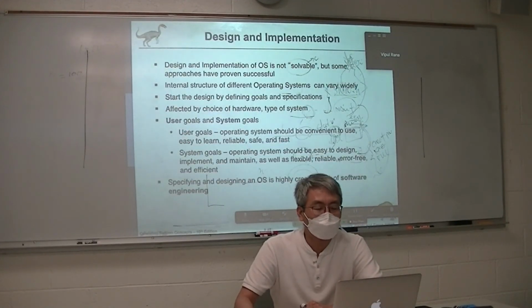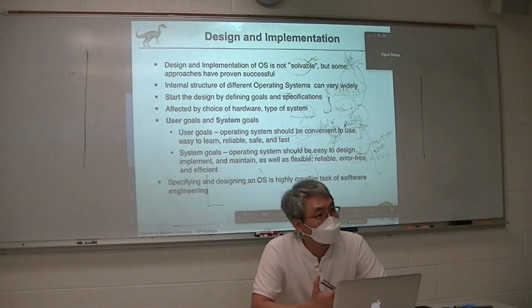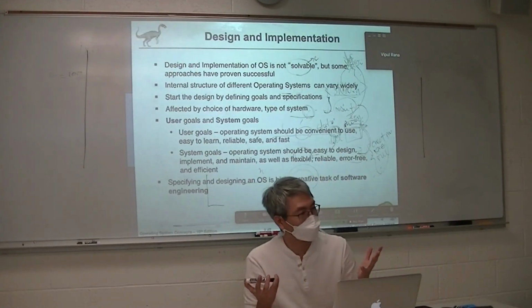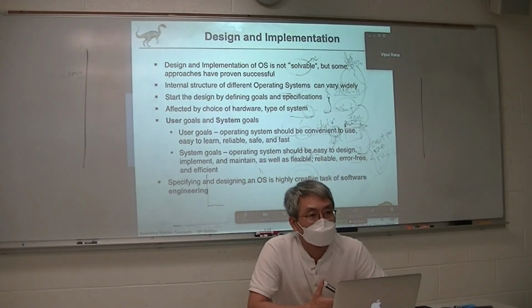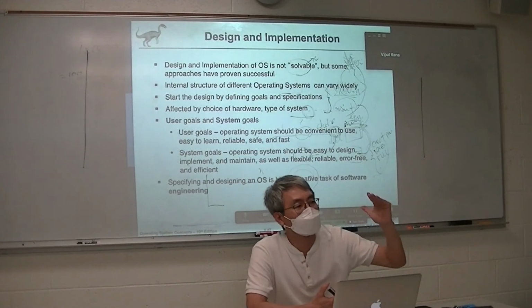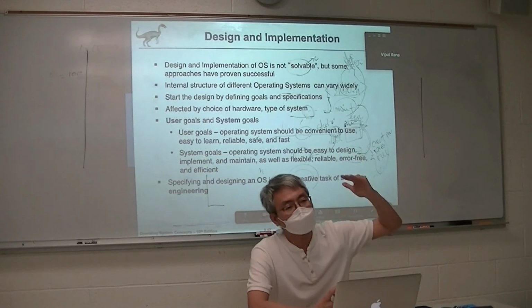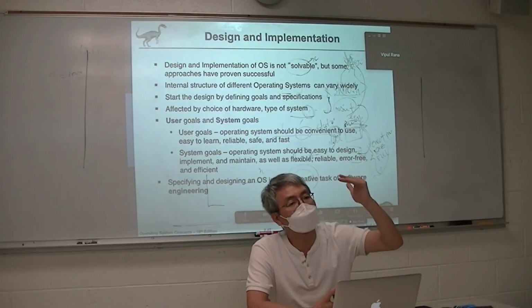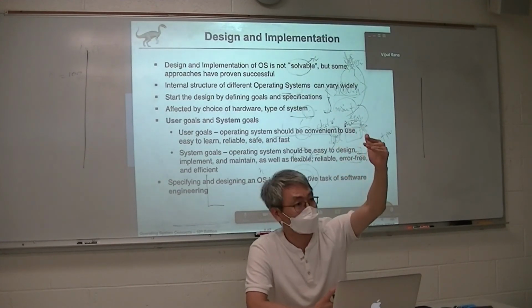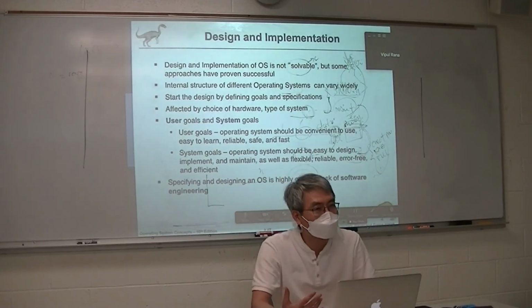Okay, so when you design, hopefully some of you are going to design and implement a new version of an operating system and so on. The first step is always to clarify the need, the requirements of your operating system. But there are two perspectives. One is from the user side, because the consumer of your operating system is the users. So on the user side, it should be convenient, nice and easy to access.